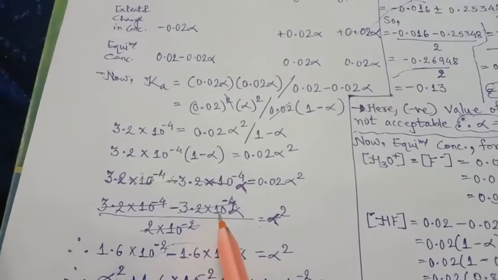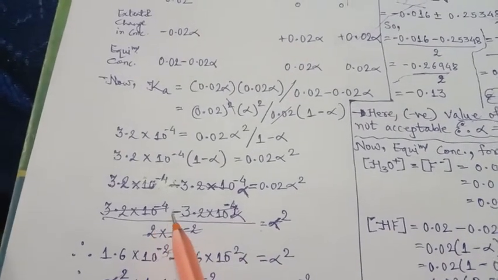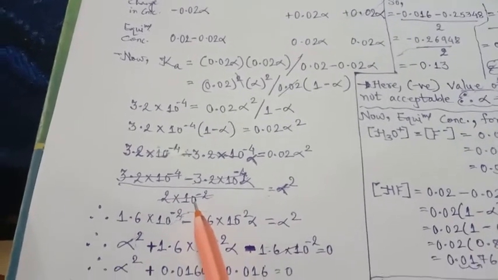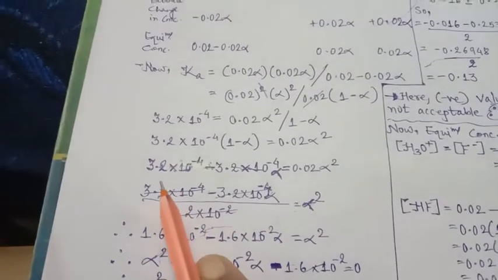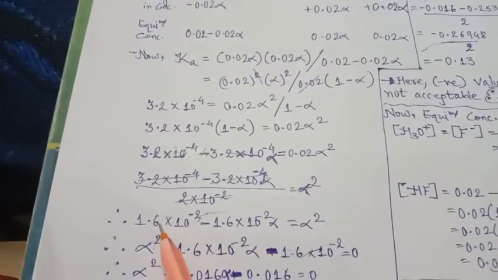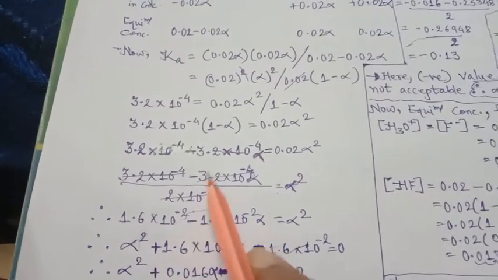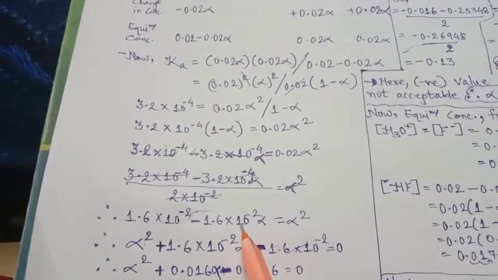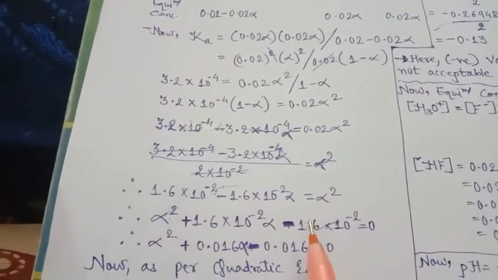If we take common this 3.2 into 10 raised to minus 4 and divide by 2 into 10 raised to minus 2, then 16 twos are 32, so 1.6 into 10 raised to minus 2, minus 1.6 into 10 raised to minus 2 alpha, is equal to alpha square.